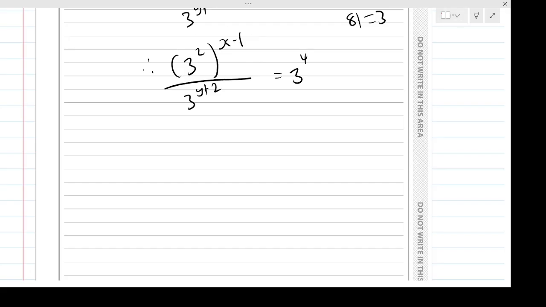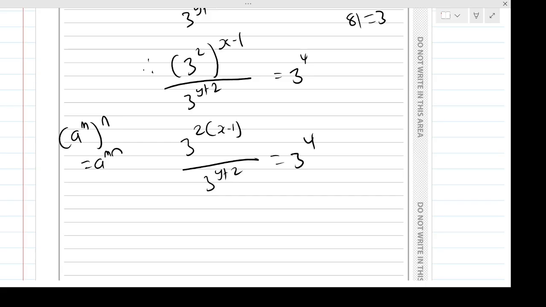So remember the power law, a to the m, all raised to a different power n, you times the powers. So that'd be 3 to the 2 times x minus 1 over 3 to the y plus 2 is 3 to the 4. And if I expand this, that'd be 3 to the 2x minus 2.